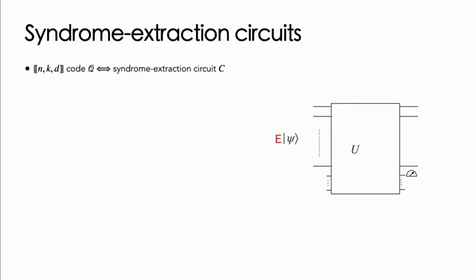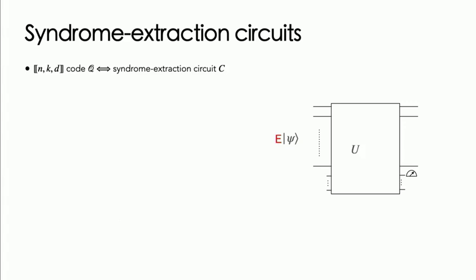Given an NKD quantum error-correcting code Q, it's specified by some set of commuting Pauli operators. To actually be able to perform error correction, we need to specify a syndrome extraction circuit. So you're given some code state psi.